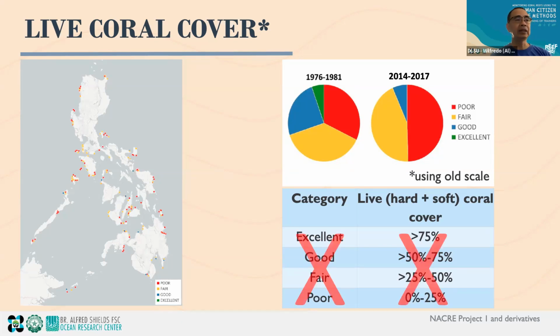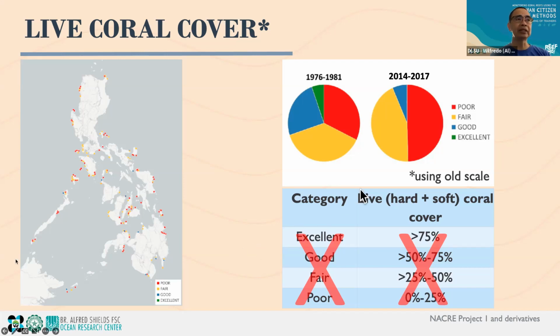We are encouraging people to stop using this scale for many reasons na we can discuss later, but this is not really a good reflection of the status of a reef. The scale is arbitrary.